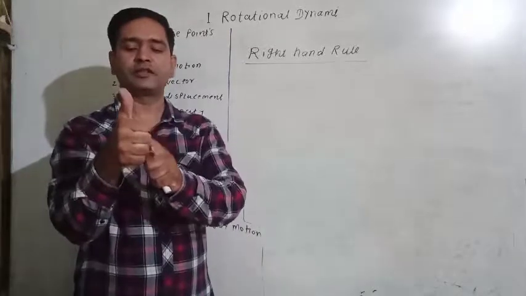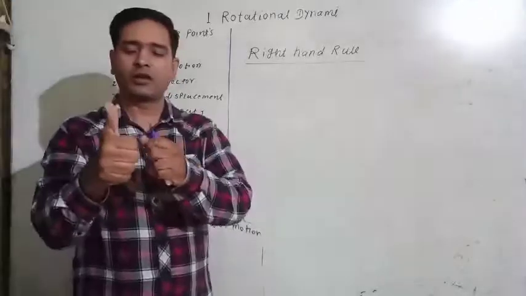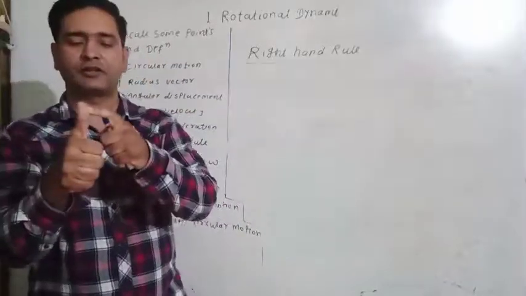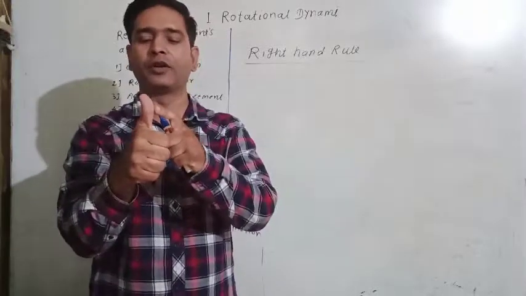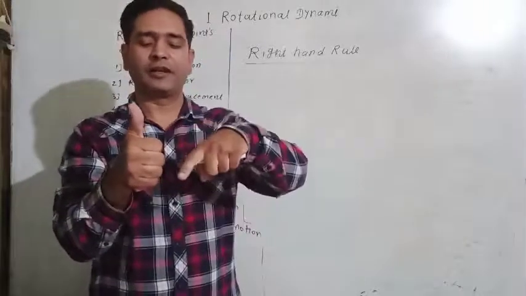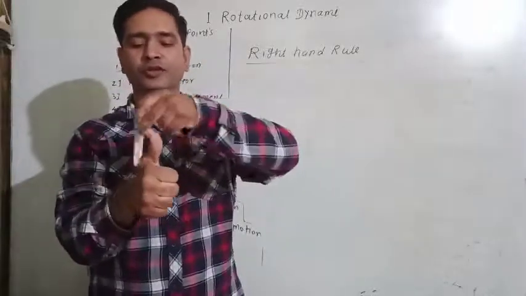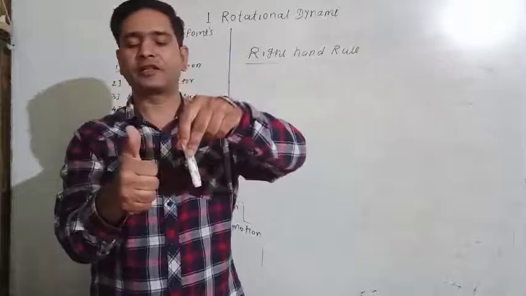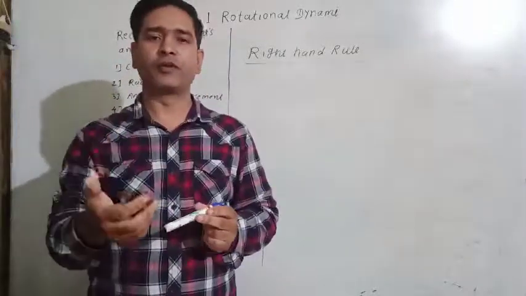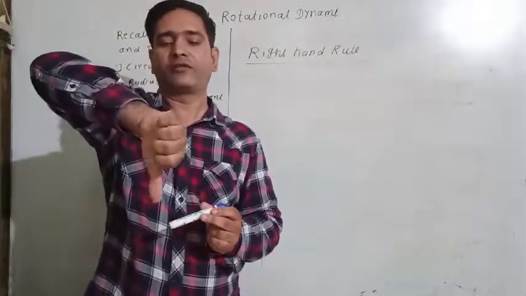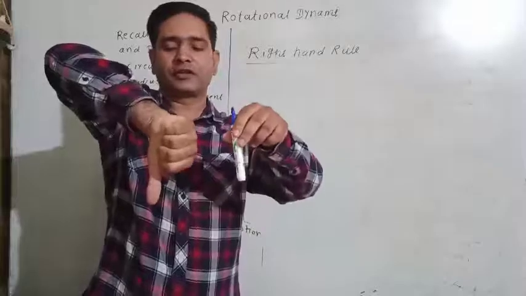Then this thumb shows the direction of angular velocity, angular acceleration and angular displacement, and the fingers show the direction of circular motion. So this direction is anti-clockwise. Suppose we take clockwise, then the fingers are like this, it is the reverse condition.